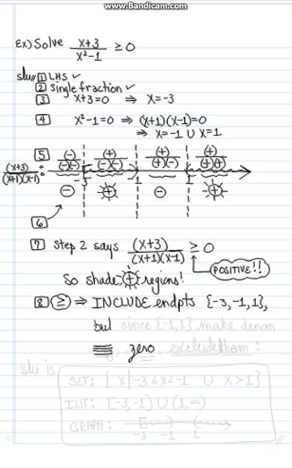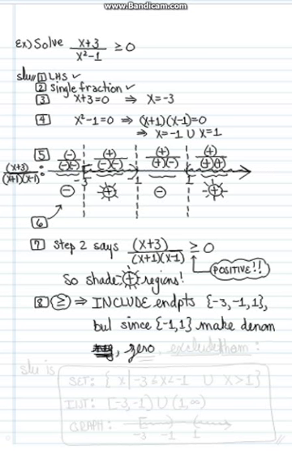But wait a minute. Step 8 said something very important, which I forgot to emphasize. You want to also exclude any x value that produces a 0 denominator in your single fraction on the left side. So for that reason, we are not going to be allowed to keep the -1 and the 1, because each of those makes the denominator 0.